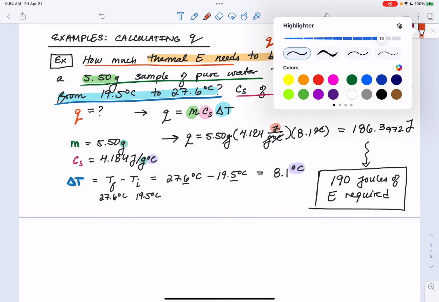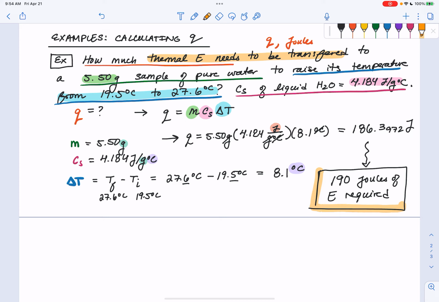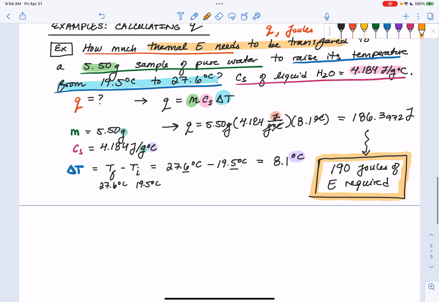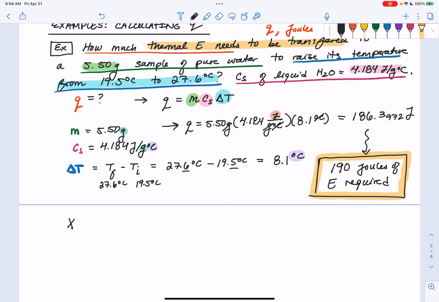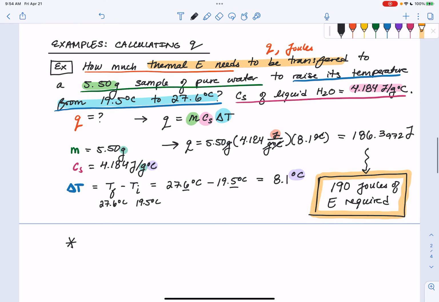And of course, let's do a sanity check to make sure that all of our math came out in a way that makes conceptual sense.